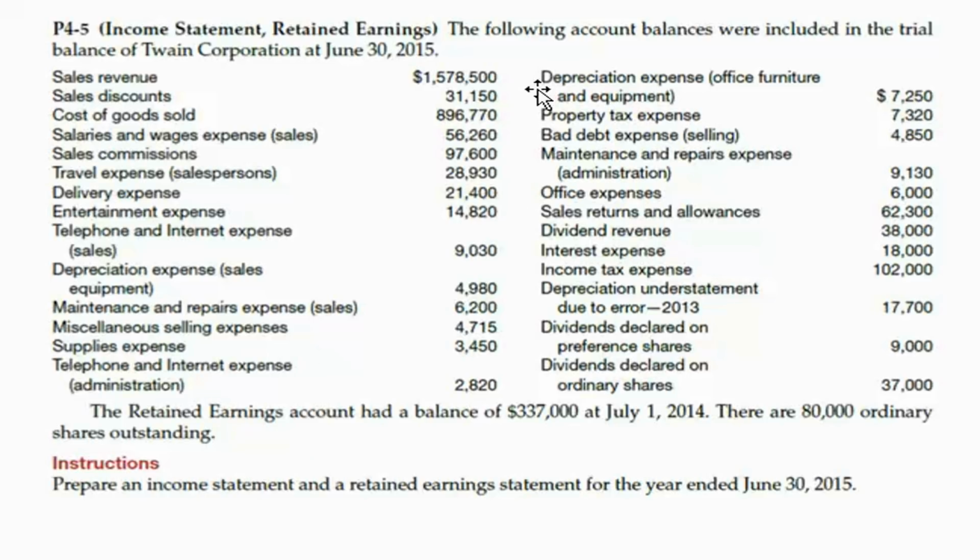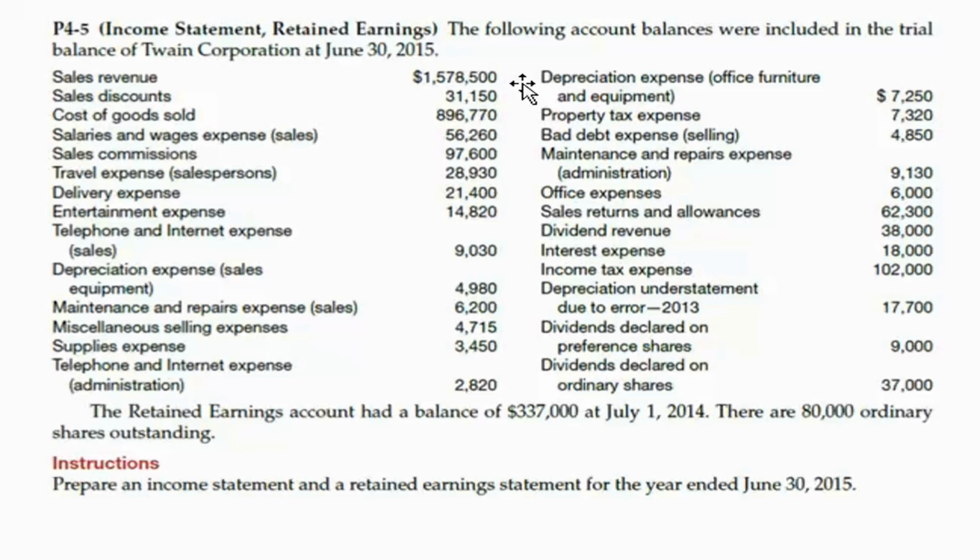The next item is depreciation expense, between brackets office furniture and equipment. It specifies that it is for the office, so this depreciation for my office is administrative expenses. Property tax expense is directly administrative expenses.